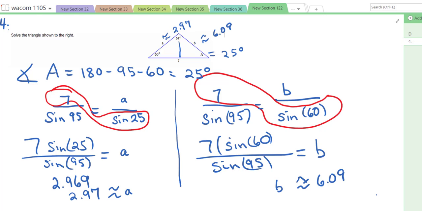And so this was an angle-side problem that they gave us, and we used the law of sines to solve it.